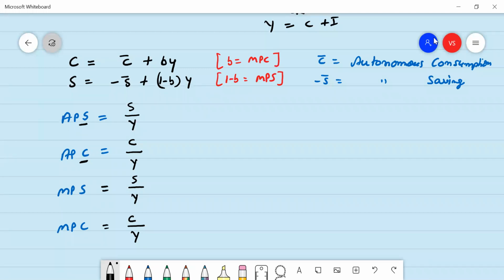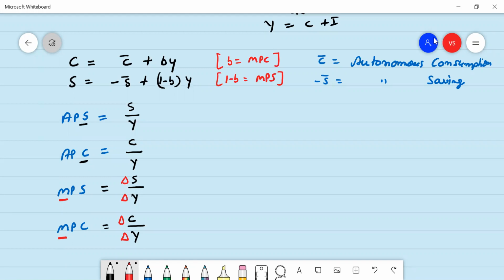Now look closely at the word where M is given. M means margin, difference, delta. So put the word delta in both the things. And these are the formulae of APC, APS, MPC, MPS.